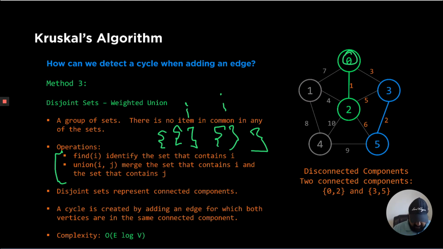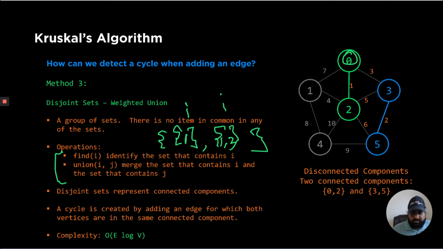Another thing to note is, if you have vertices in these individual sets, every vertex will be in just one set. It cannot be that one is in this set and also in another set.